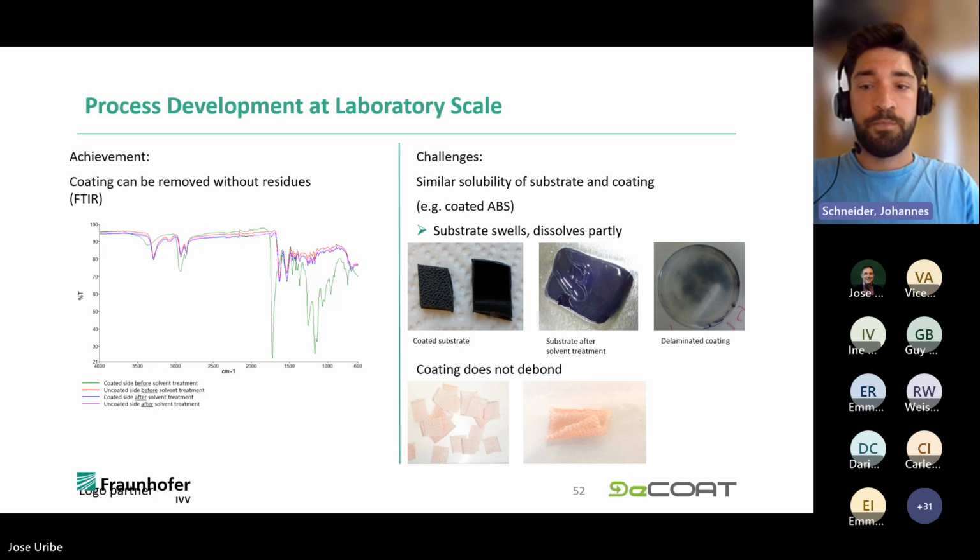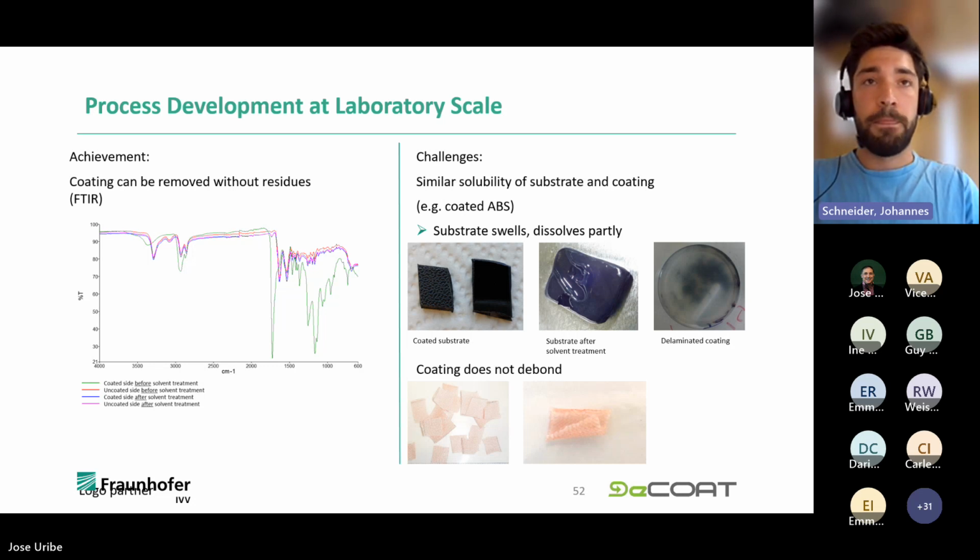So both materials tended to dissolve under the same processing conditions. And in that case, either the coating only swelled, but it was not completely removed, or the substrate material swelled and or dissolved partly together with the coating.